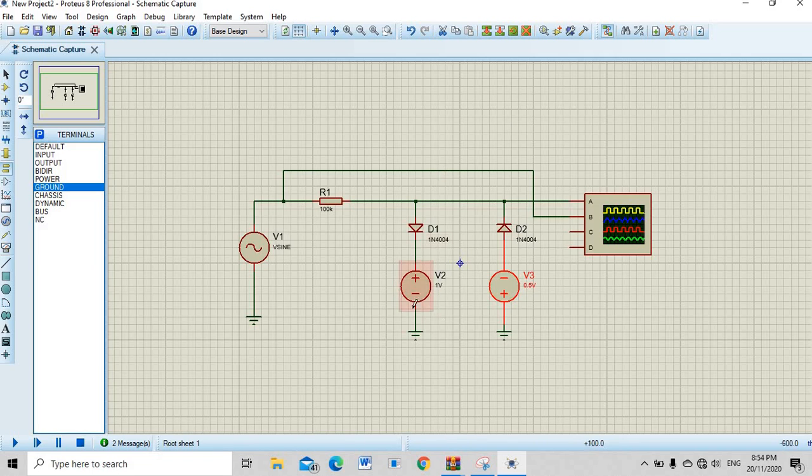This voltage source remains the same in its value, and also this resistor remains the same, and the sine wave voltage source remains the same. We run the simulation now.